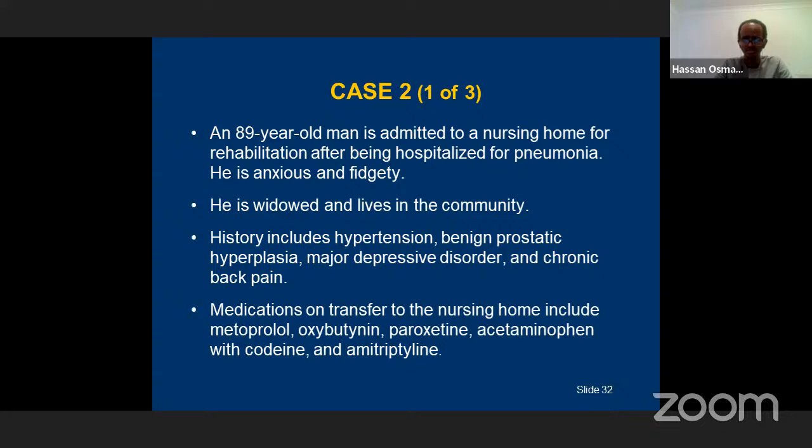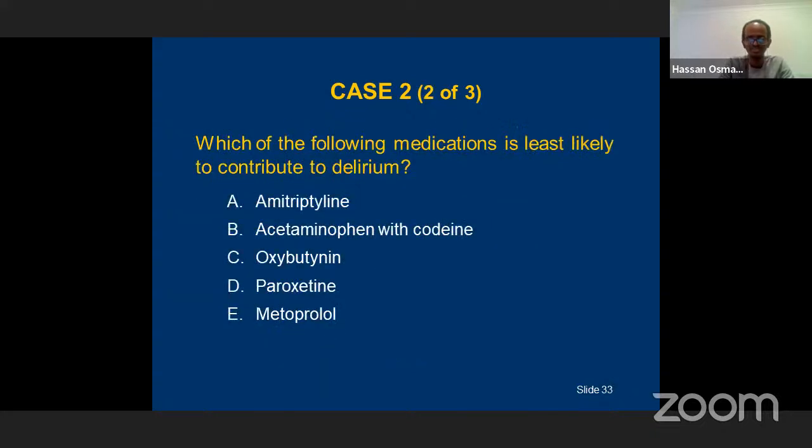Medications on transfer to the nursing home include metoprolol, oxybutynin, paroxetine, acetaminophen with codeine, solbudin, I believe, and amitriptyline. So which of the following medications is least likely to contribute to delirium?